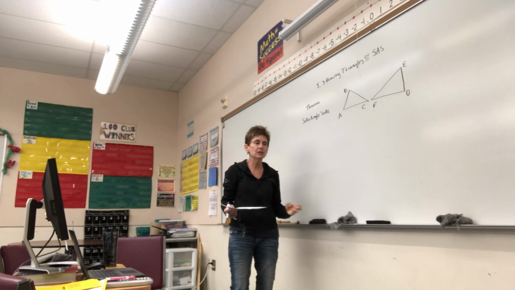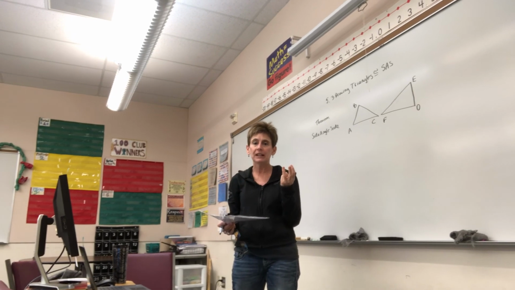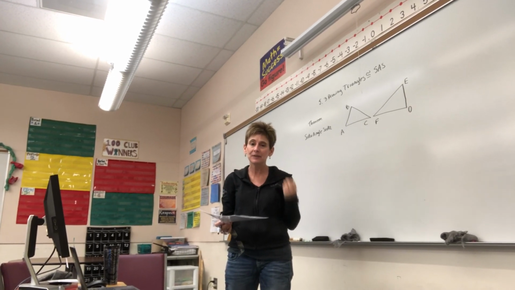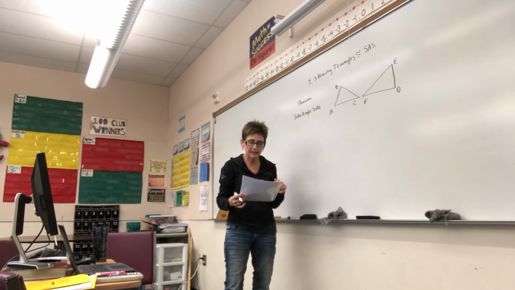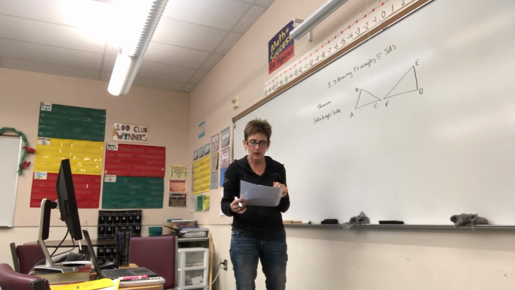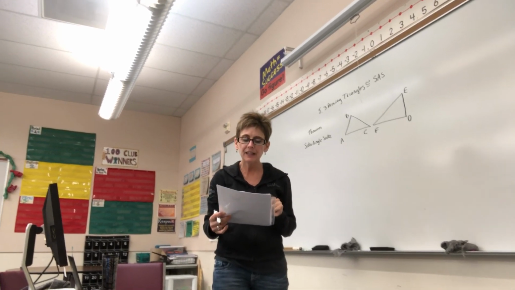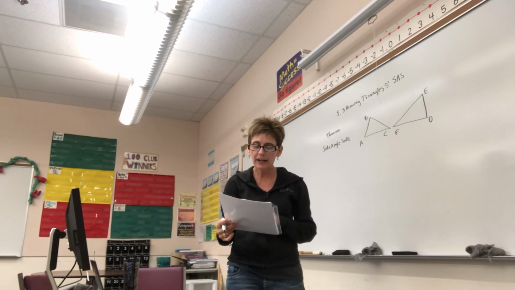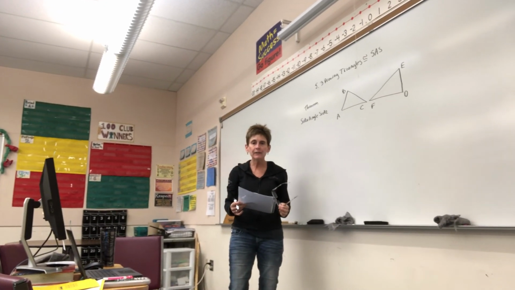So mathematicians have developed shortcuts where we only have to prove 3 things, so that is half the number of steps. So here's what the theorem says. If two sides and the included angle of one triangle are congruent to two sides and the included angle of a second triangle, then the two triangles are congruent. So that is kind of a mouthful.